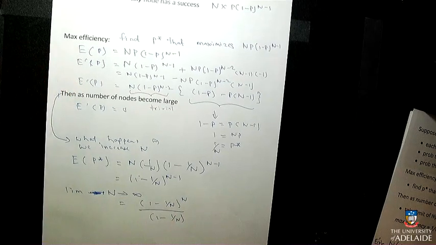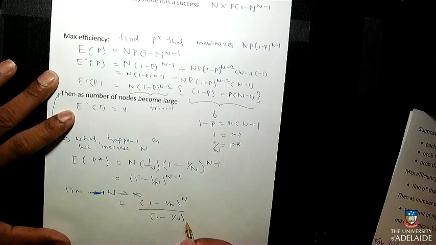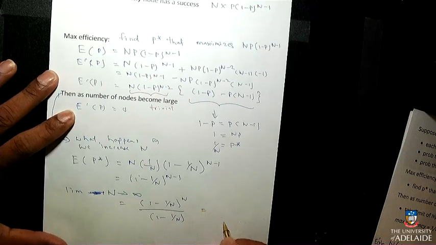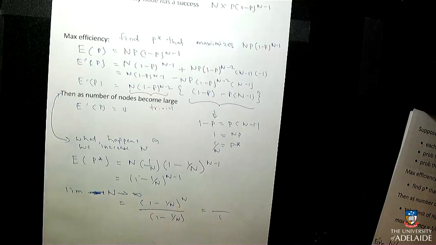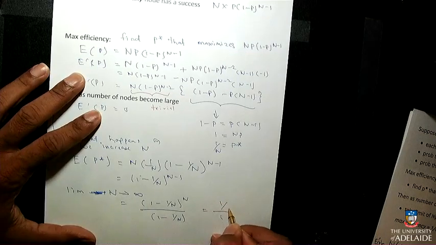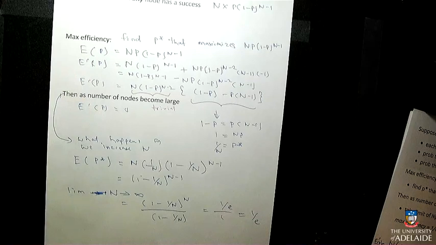Now this is a little bit more helpful, because the limit as n goes to infinity for the denominator is just 1, and for the numerator, it's a known result. It's actually equal to 1 over e. So this result is 1 over e, okay?